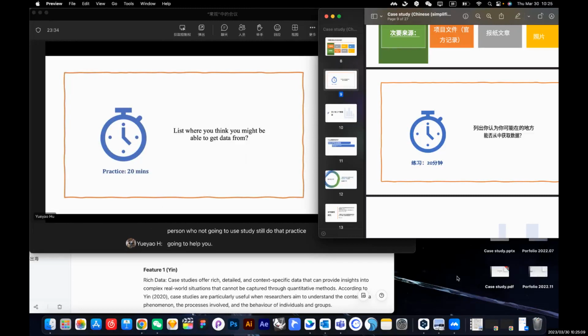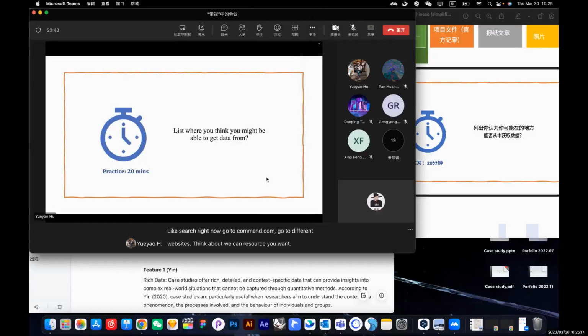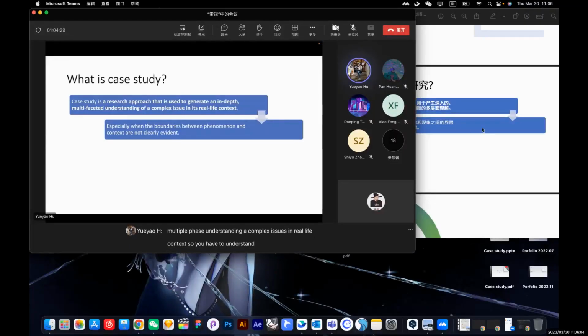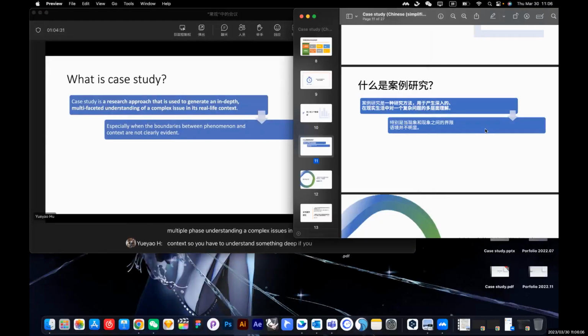Like search right now, go to government.com, go to different websites, think about what kind of resource you want. Understand something deep. If you remember what we learned before, phenomenology is also similar like this. You don't just see something on the surface, especially when the boundary between the phenomenon and the context is not clear.